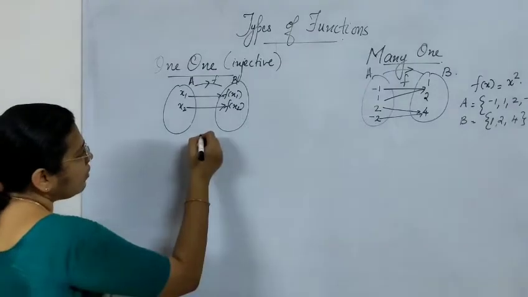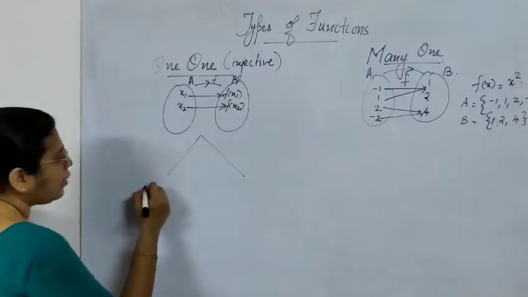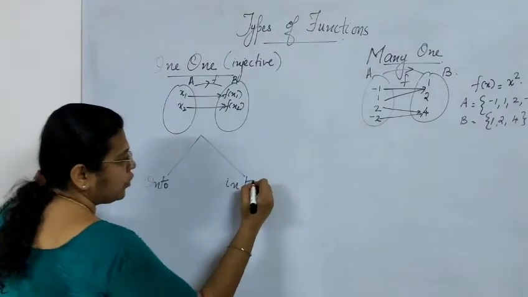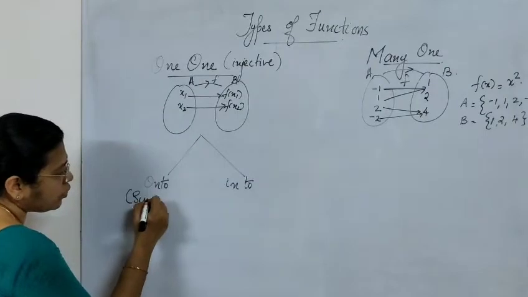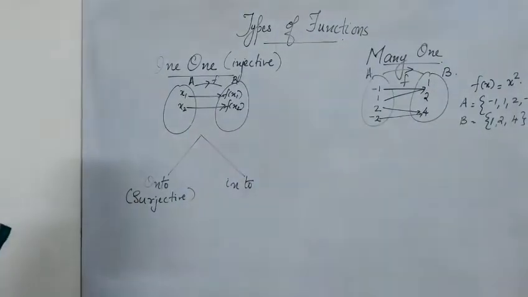Now, this 1-1 function can again be classified as an onto function and an into function. Onto function is also called a surjective function. Now when is a function said to be onto?